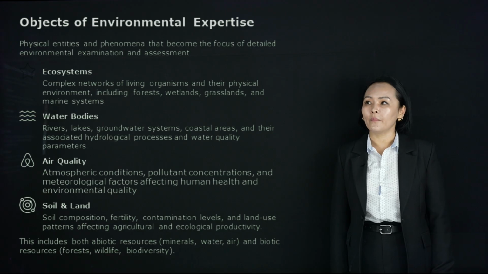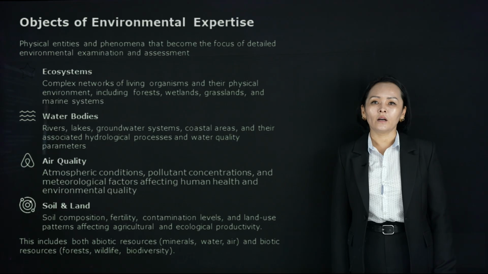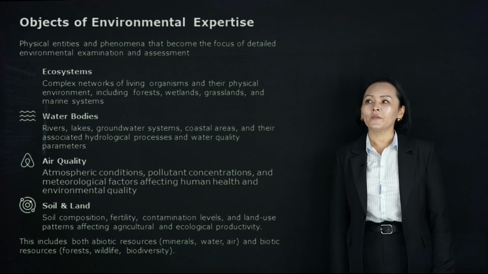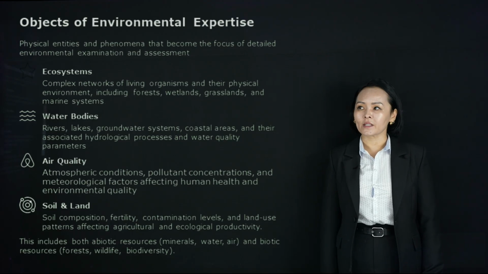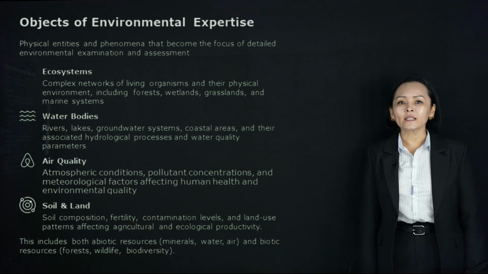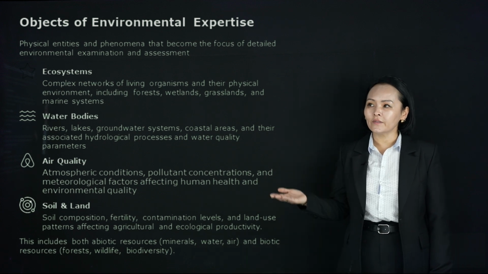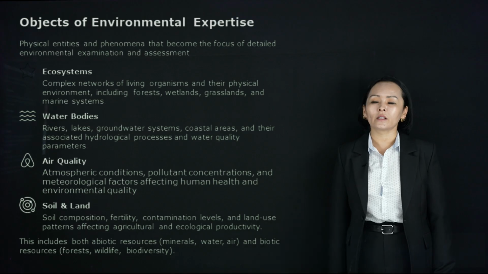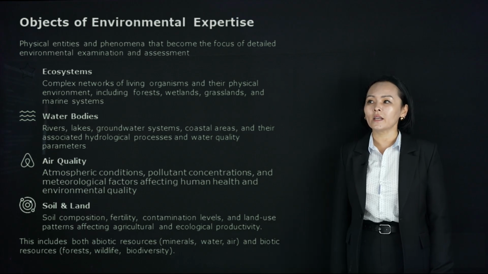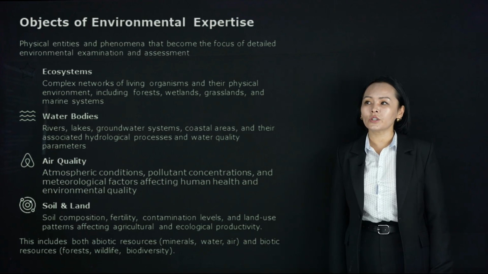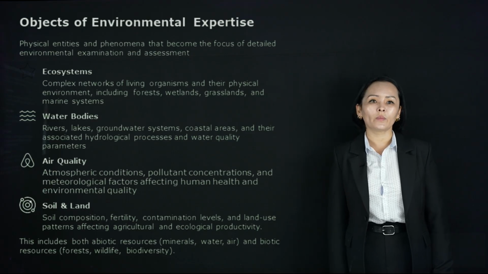Ecosystems are complex networks of living organisms in flora and their physical environment, including forests, wetlands, grasslands, and marine systems. And next are water bodies.